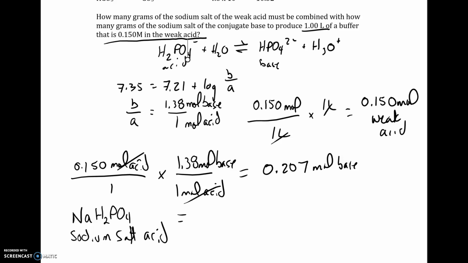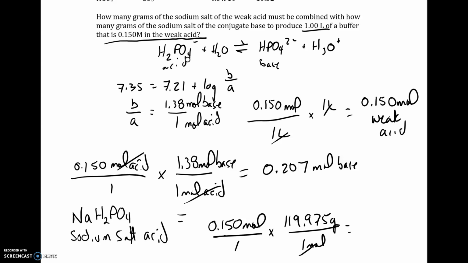And the molar mass of that? So we're going to have 0.150 moles times 119.975 grams in 1 mole. And that's just the molar mass from the periodic table. And that gives us 18.0 grams of our acid salt.